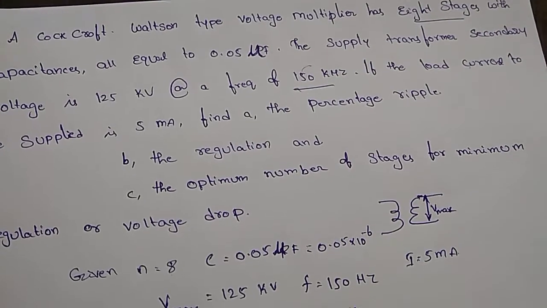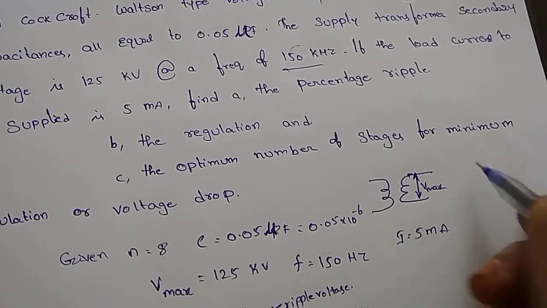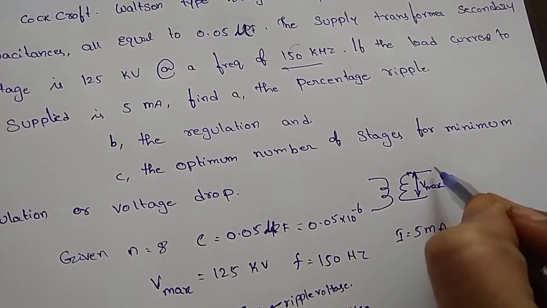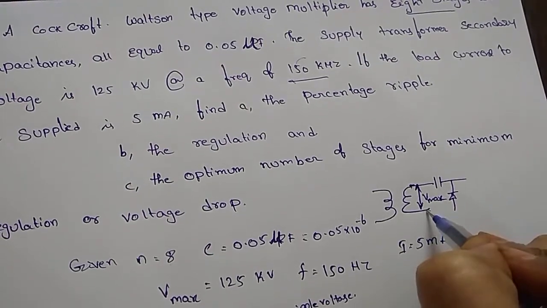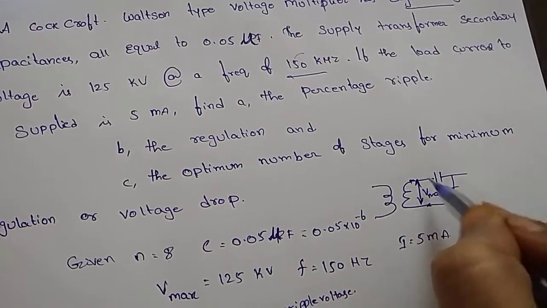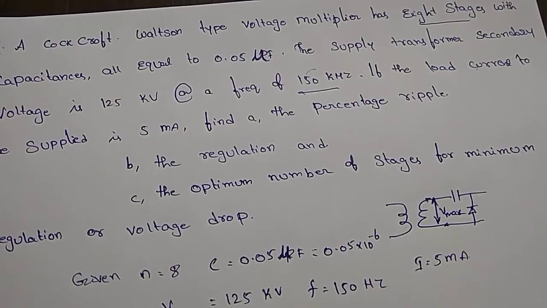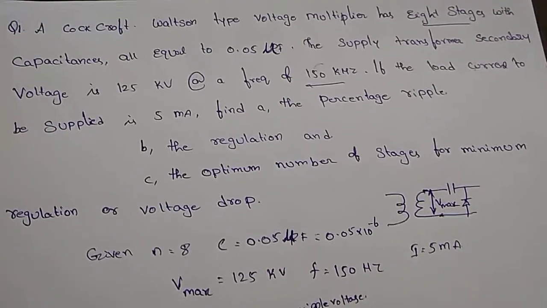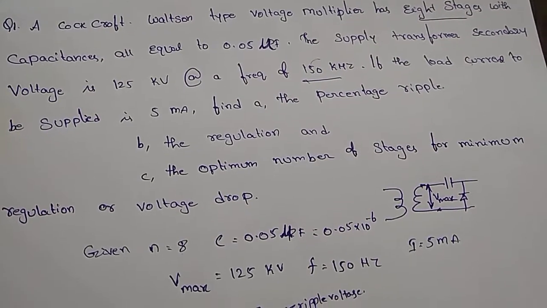If you recall your circuit diagram, you just consider the transformer, and thereafter we consider the capacitors and diodes like this. There we are assuming the secondary voltage as Vmax. Whatever the Vmax value is, they mention it as 125 kV.